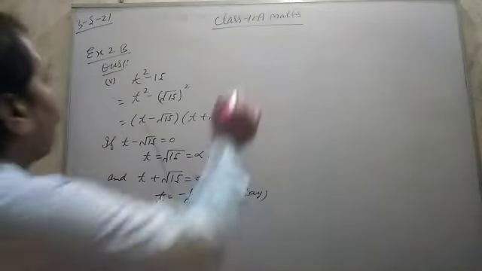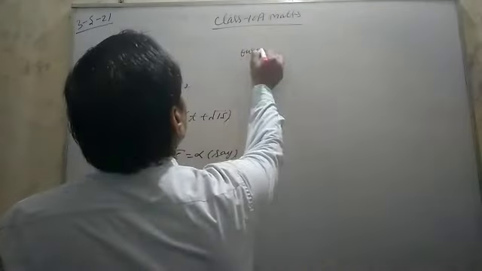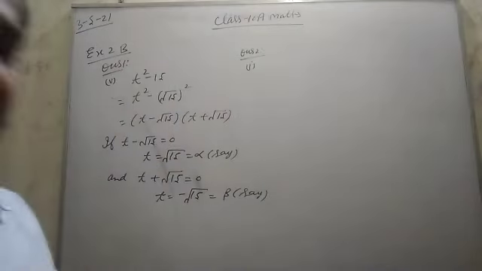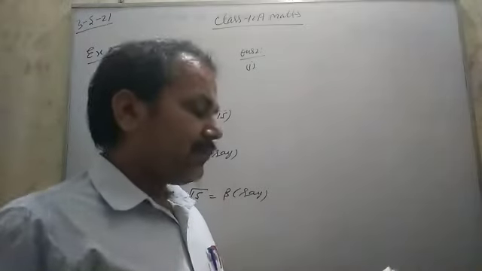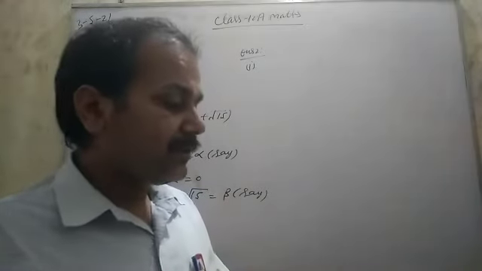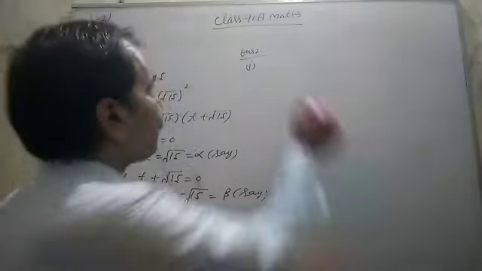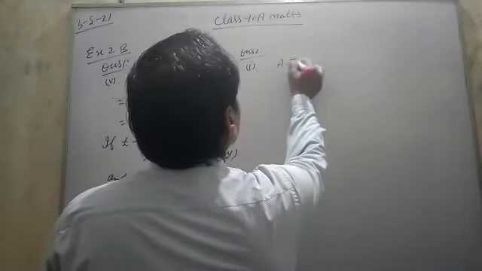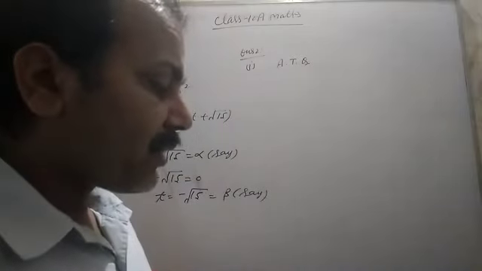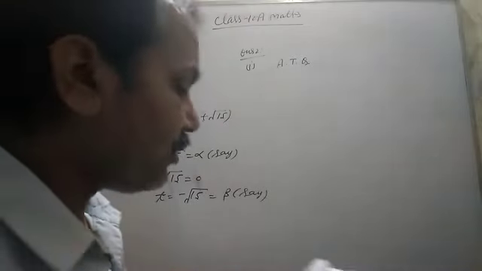Okay, then question number 2, their first part. Find a quadratic polynomial each with the given numbers as the sum and product of its zeros respectively. Means according to question, what are given as the sum and product of its zeros.